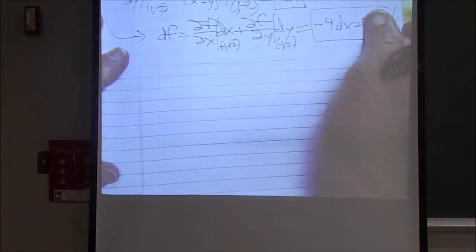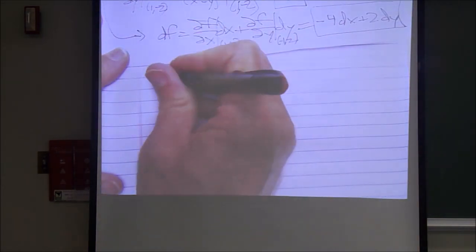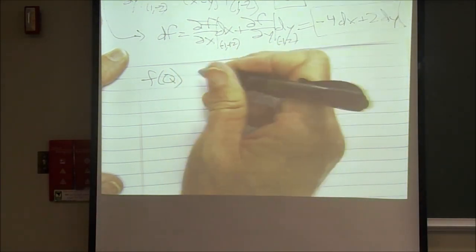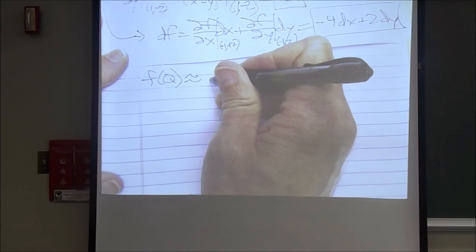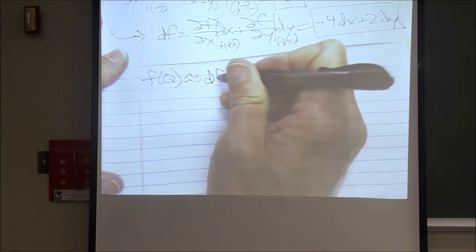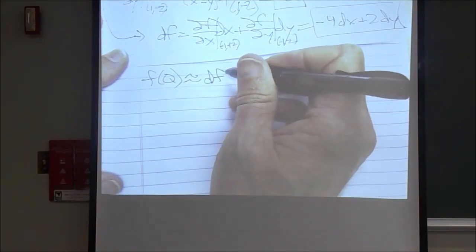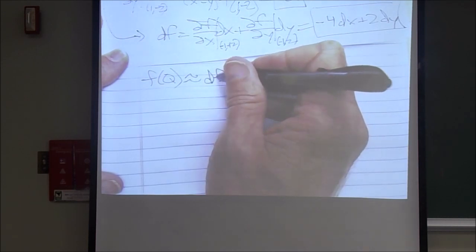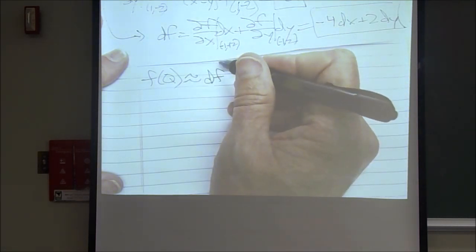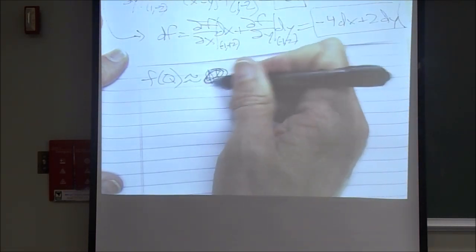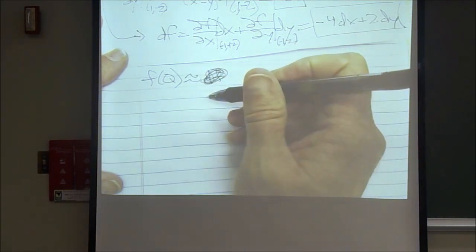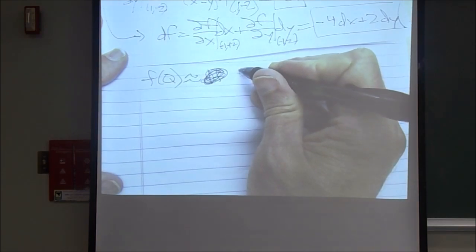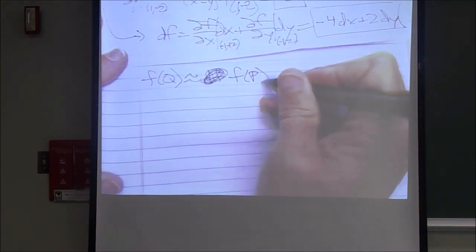So now what I want to do is estimate f at q. So f at q is approximated by df. Well, df is the change in f, actually. So f at q is approximated by f at p plus df.